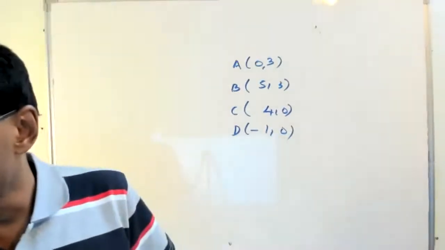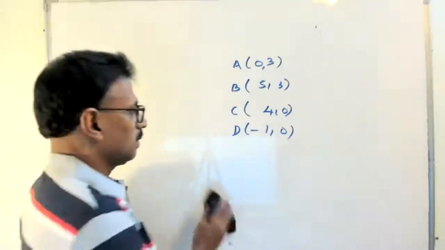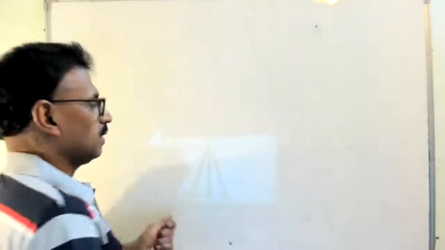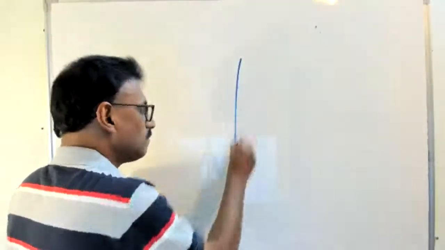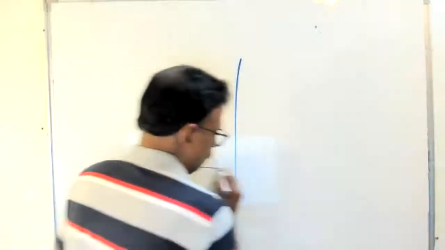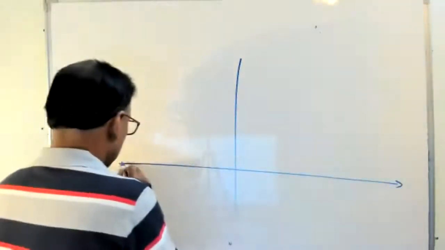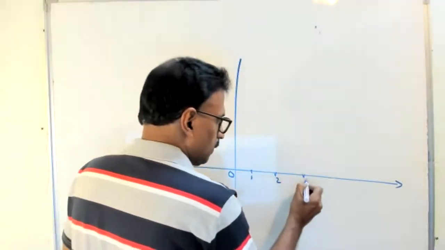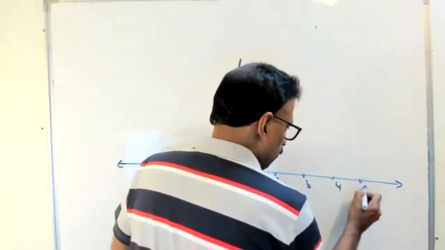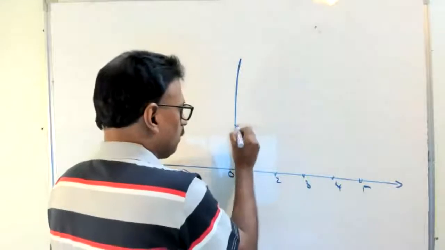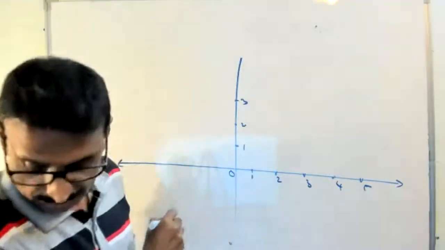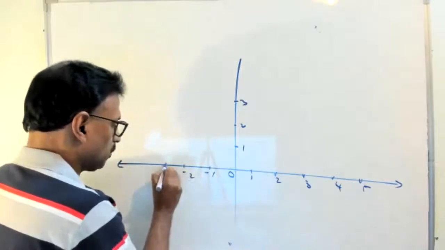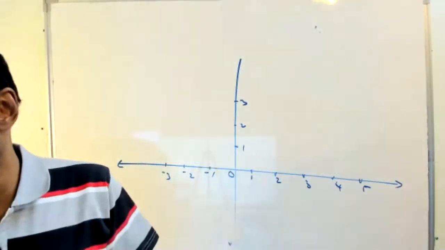Listen all. Look at the graph: 0, 1, 2, 3, 4, 5, and on the negative side -1, -2.